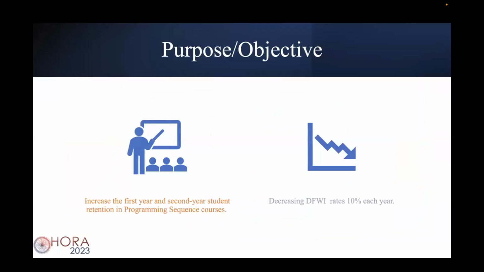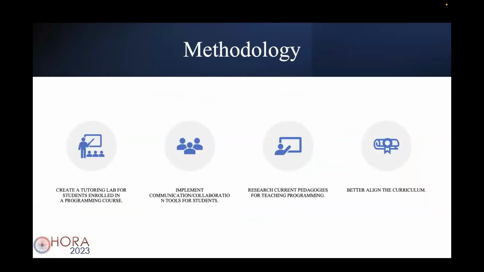The DFW rate was very alarming for the Department of Engineering and Computing Science. So our main objective for this project was to reduce the DFW rate by 10% each year. To achieve this goal, our department took some initiatives. First, our department created a tutoring lab for the students who are not good at programming.